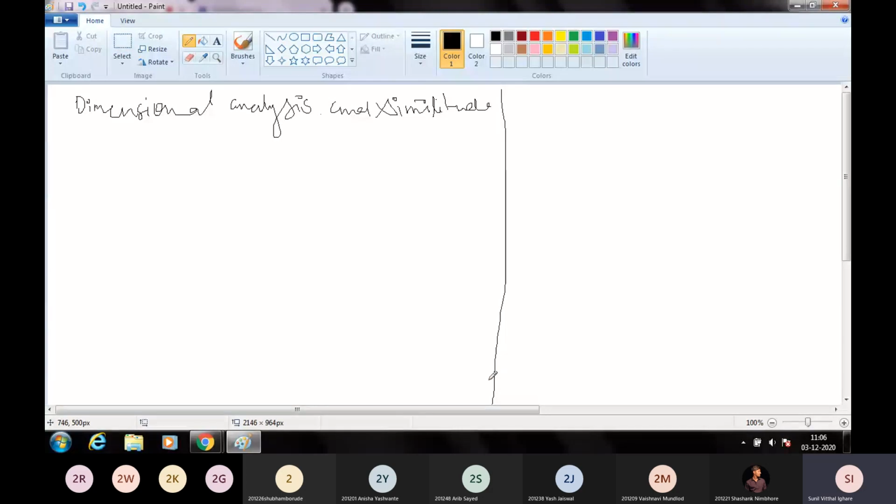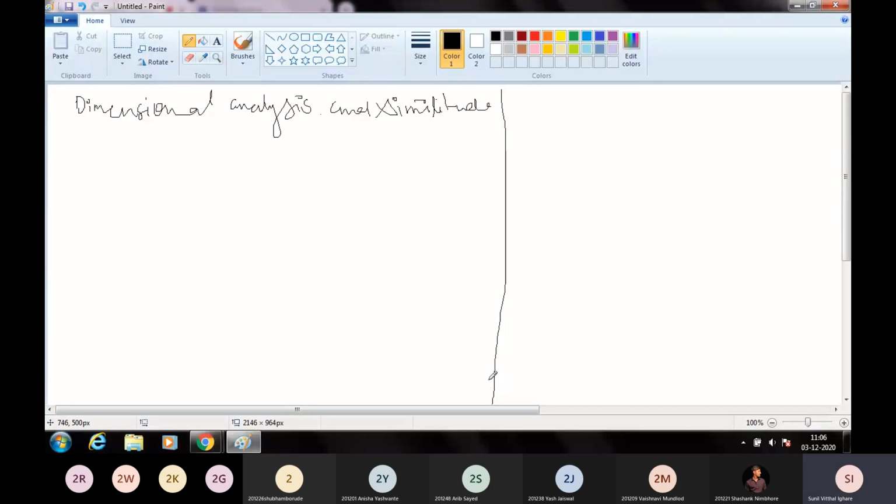In the case of geometric similarity, we also talked about the dimensions. If the model and prototype are similar in terms of dimension, such as the length of model to the length of prototype, and the width of model to the width of prototype, that type of similarity we call geometrical similarity.